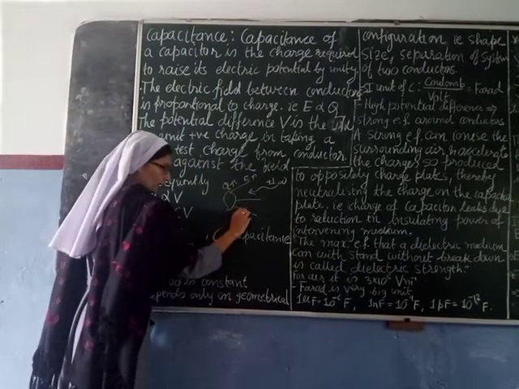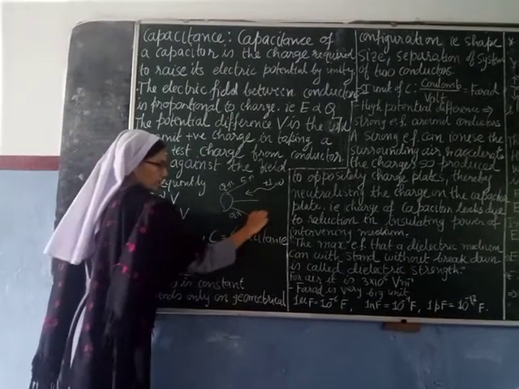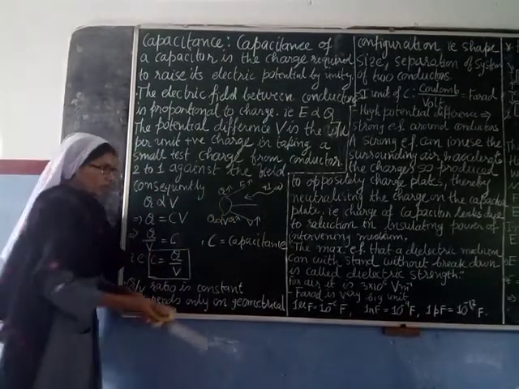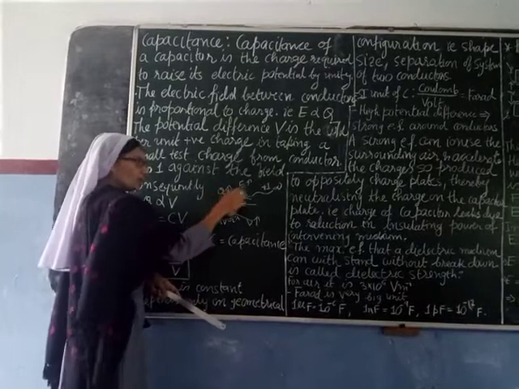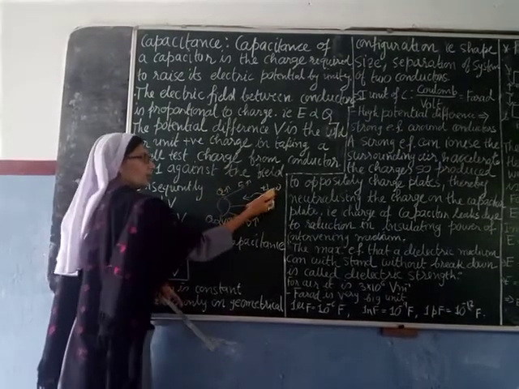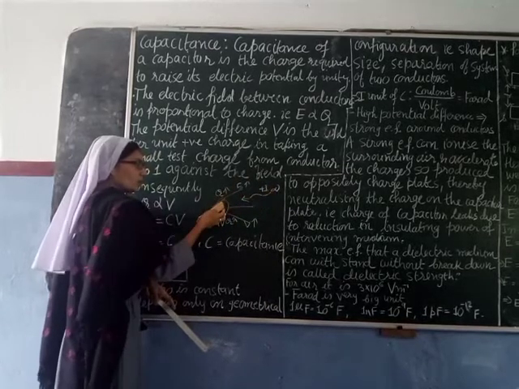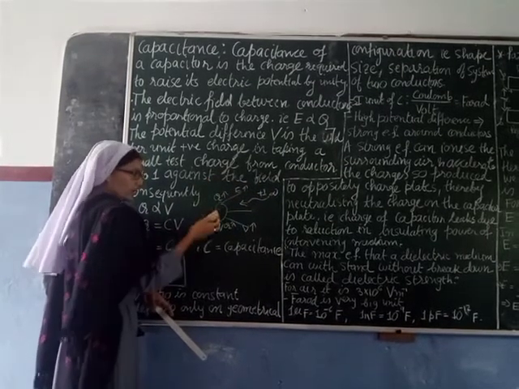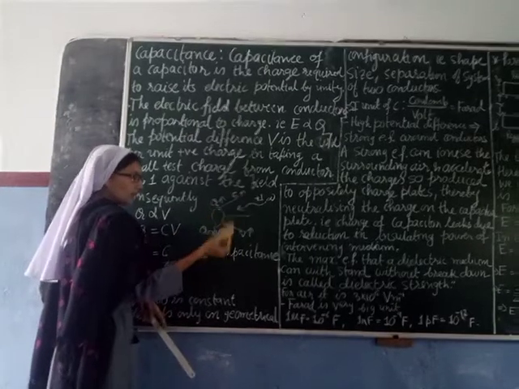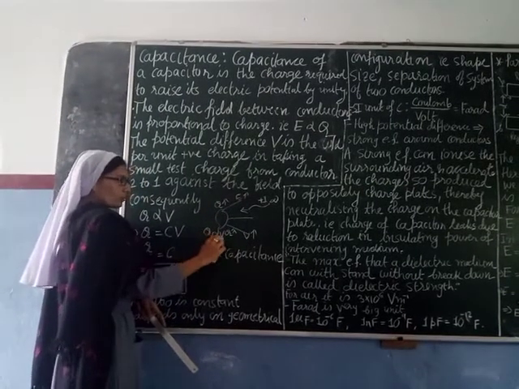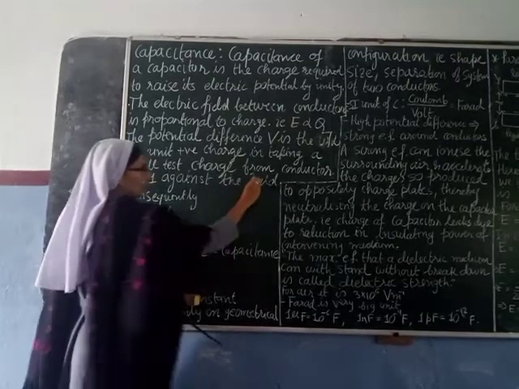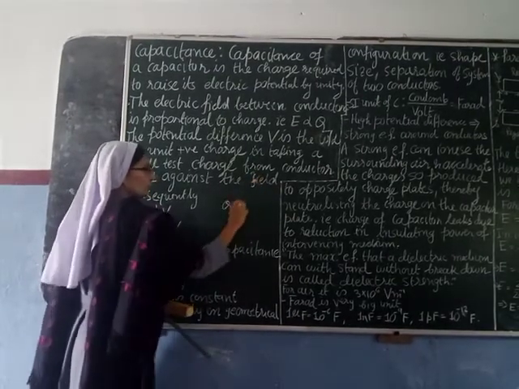Indirectly, if Q increases, V also will increase. So Q is proportional to V.